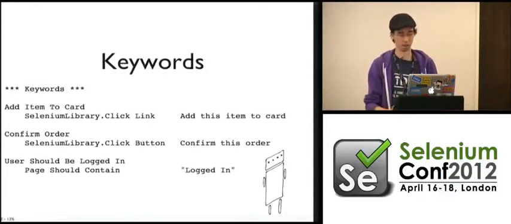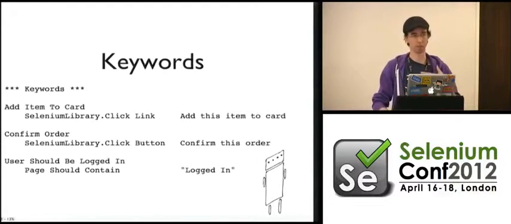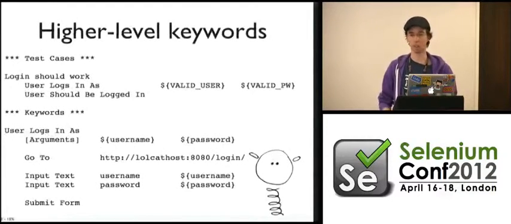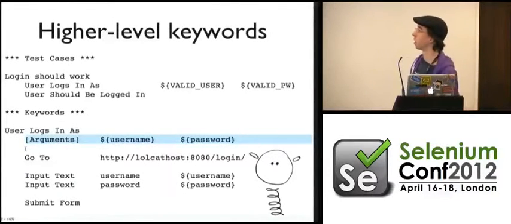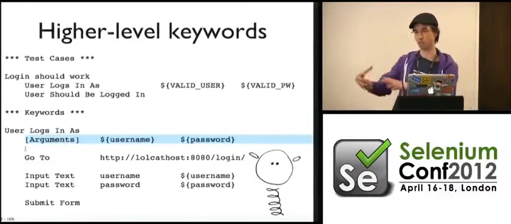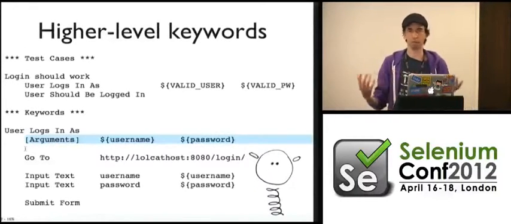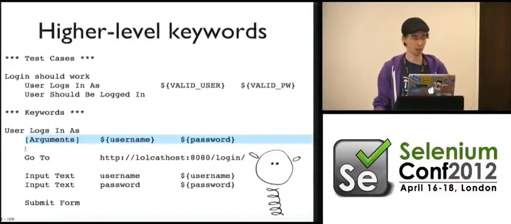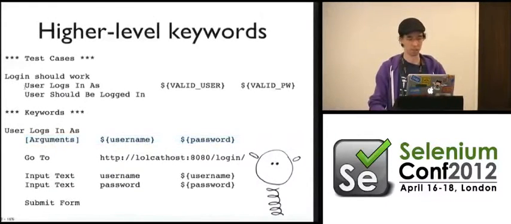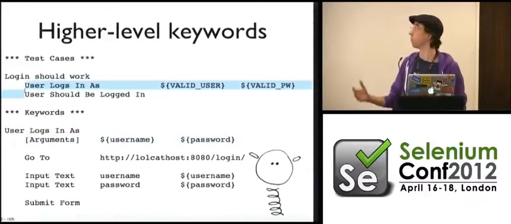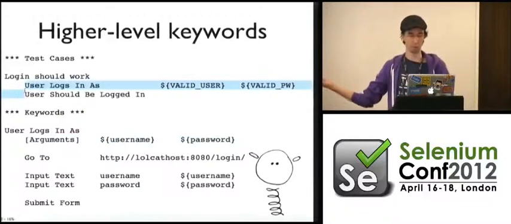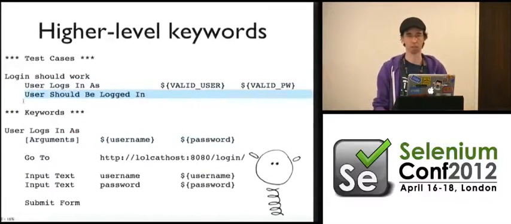Then Robot Framework takes the same syntax to also allow abstracting away tests, so you can have higher-order keywords that are simply keywords. This is a higher-level keyword that takes arguments, and you can really think of keywords as function calls. That's what they essentially are. This keyword takes a username and a password, so I can use it in this test to log in as a valid user with a valid password, and then I state, okay, the user should be logged in.